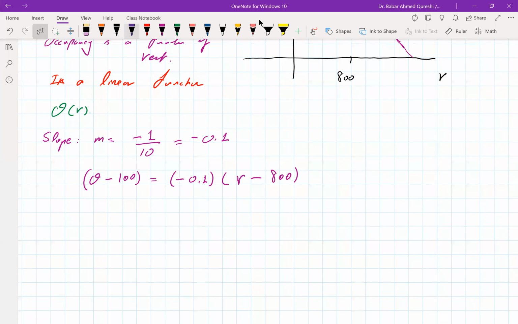So I can now get this function: O of r is simply minus 0.1 r, minus 0.1 times 800 gives me plus 80, and plus 100. So this is the function.